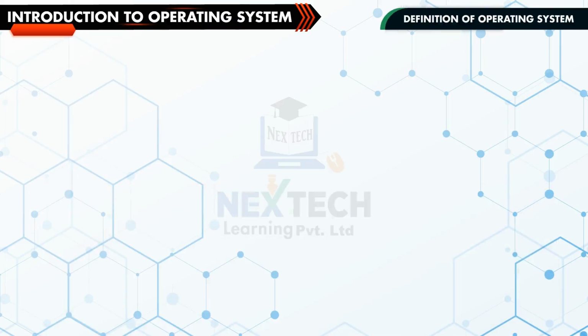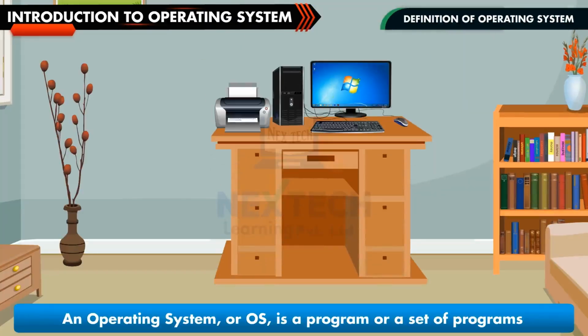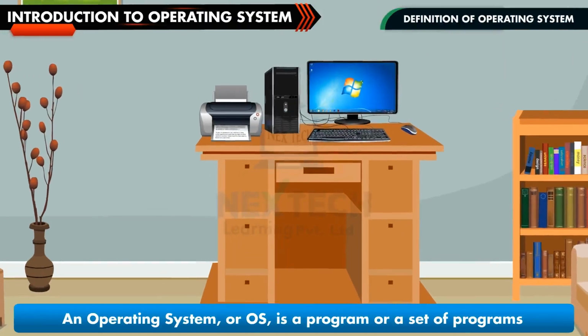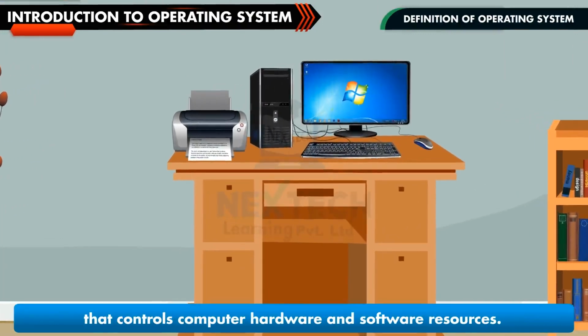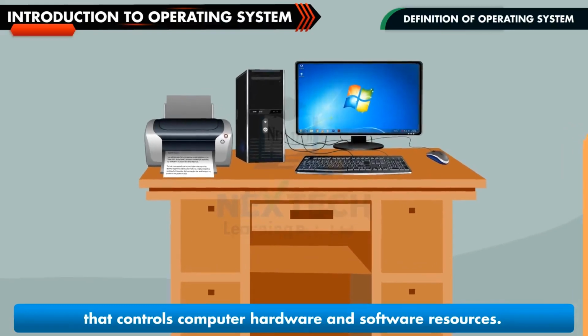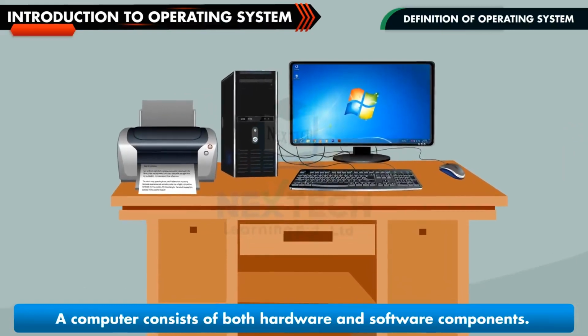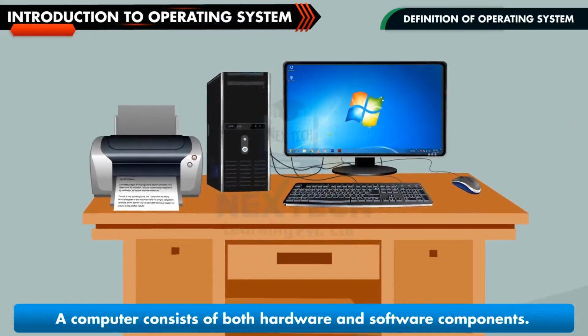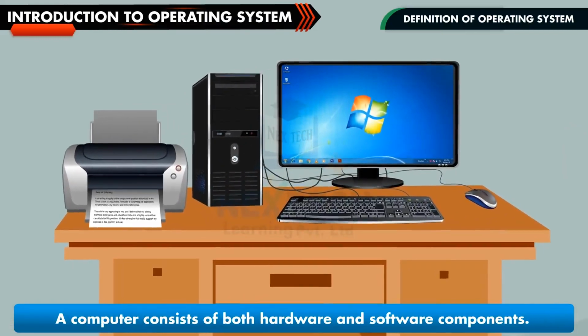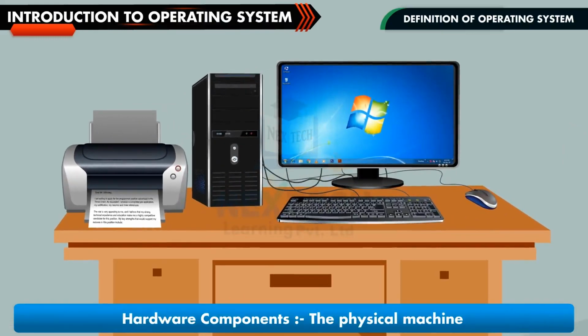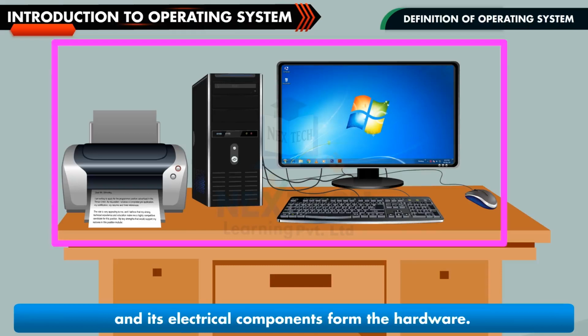Definition of operating system. An operating system, or OS, is a program or a set of programs that controls computer hardware and software resources. A computer consists of both hardware and software components. Hardware components. The physical machine and its electrical components form the hardware.